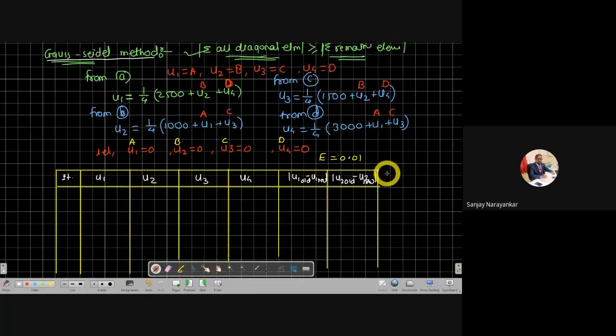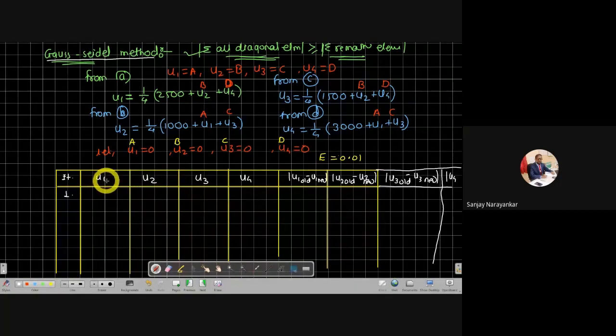Similarly, you can write mod of U3 old minus U3 new. And the last one is mod of U4. And you just continue. So you can write here.